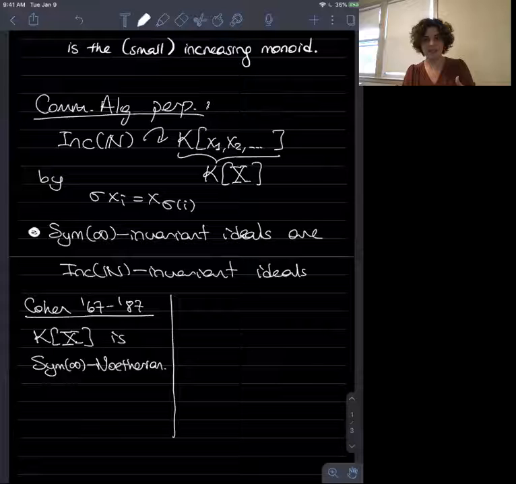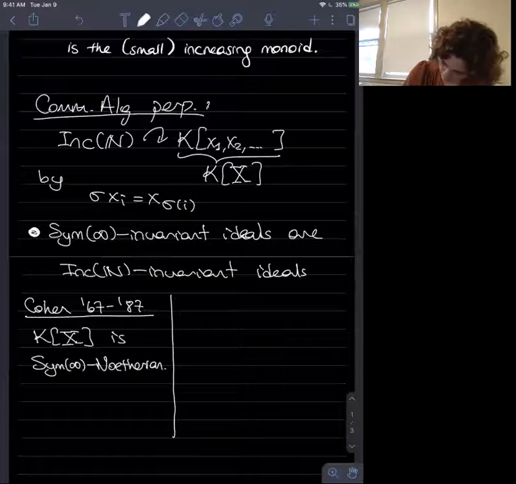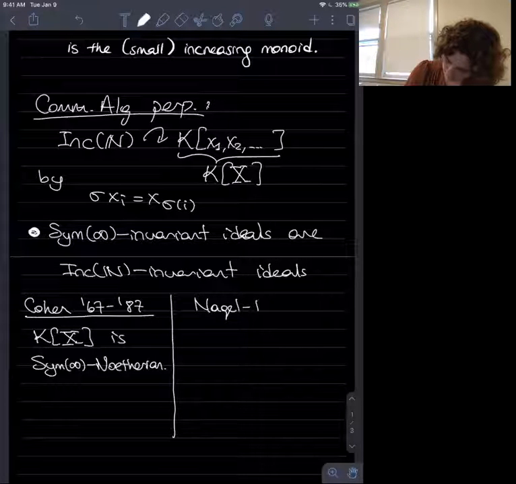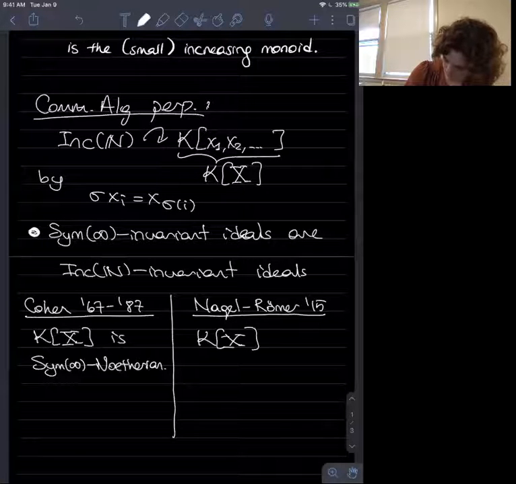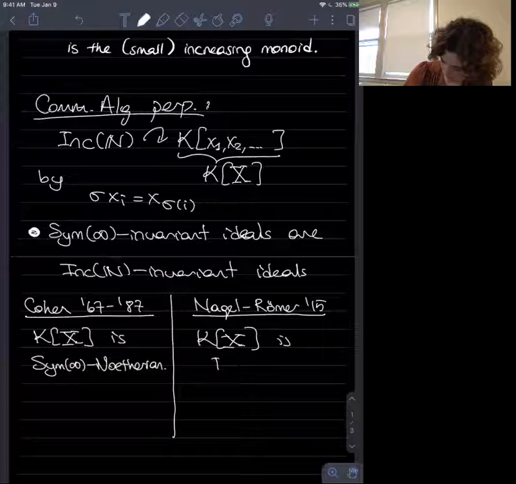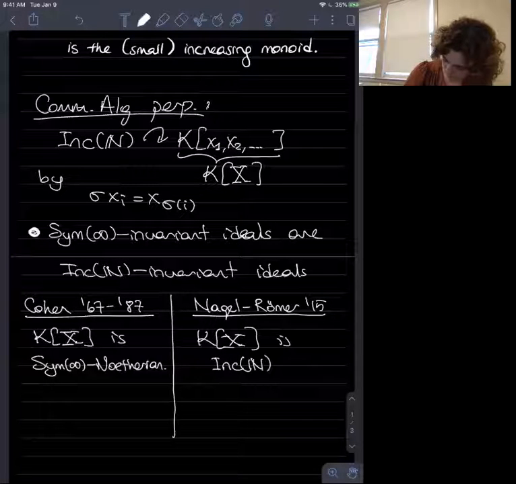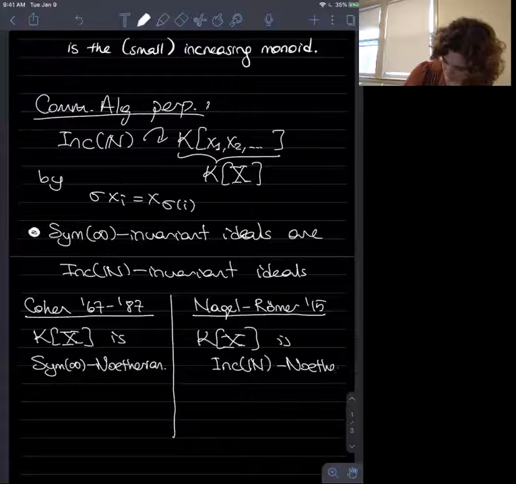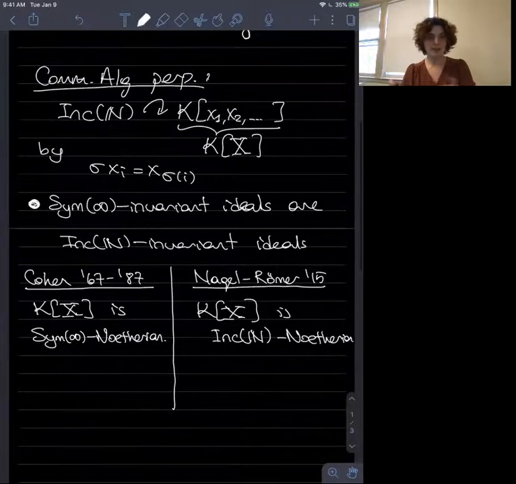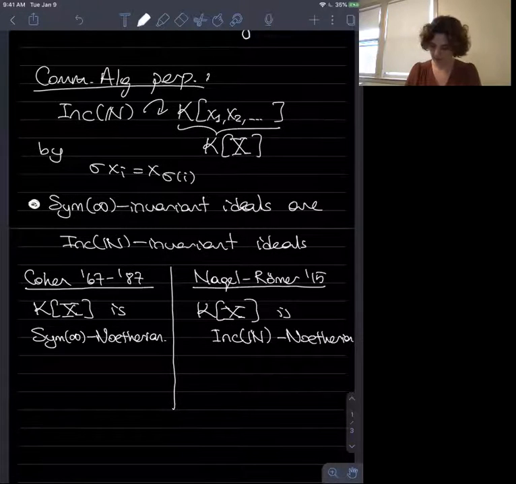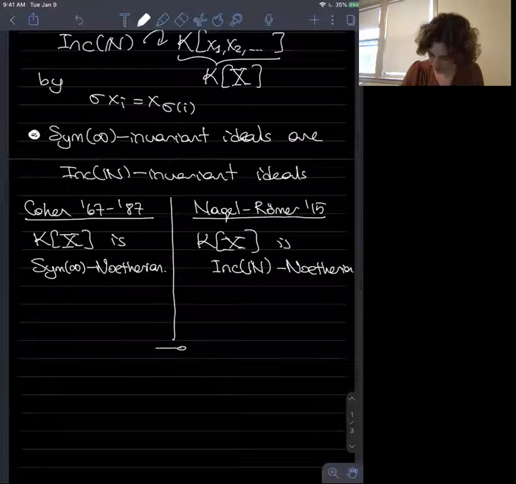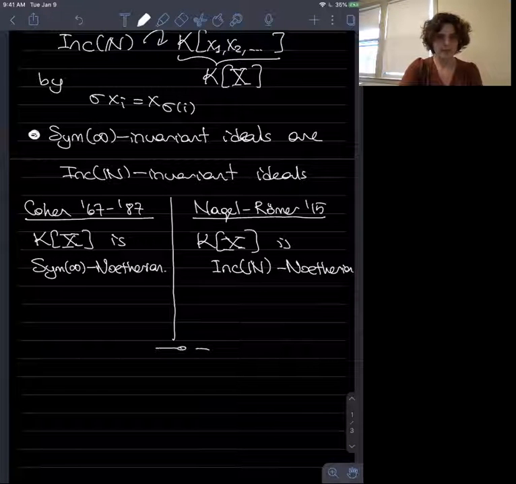And its generalization for the Inc version, given by Nagel and Römer in 15, is Inc Noetherian. And in the talk, I'll try to introduce another Noetherianity perspective for the category of the representations.